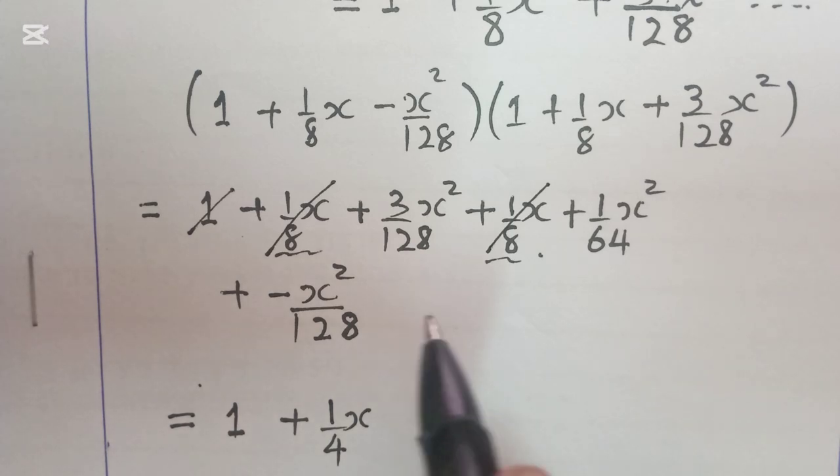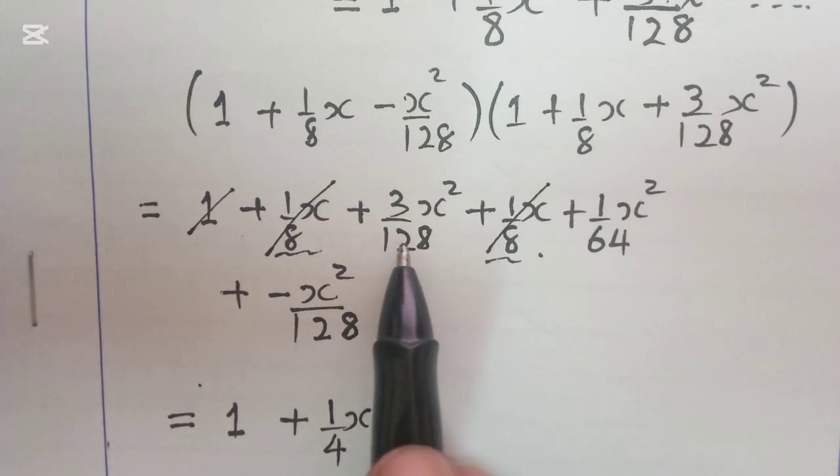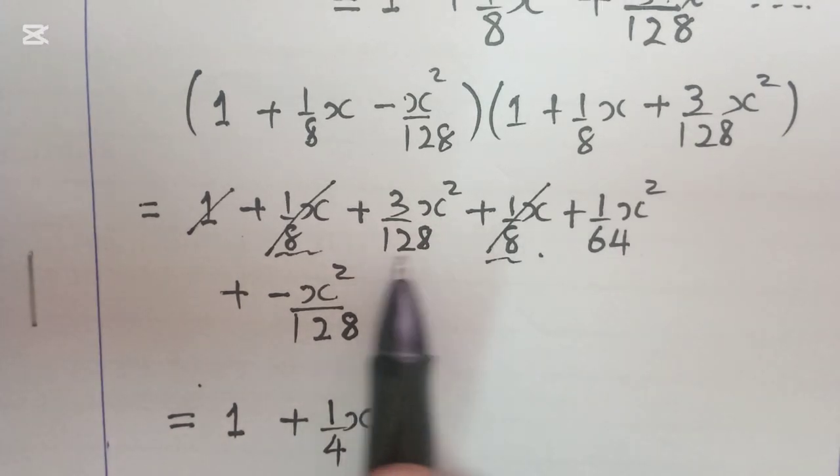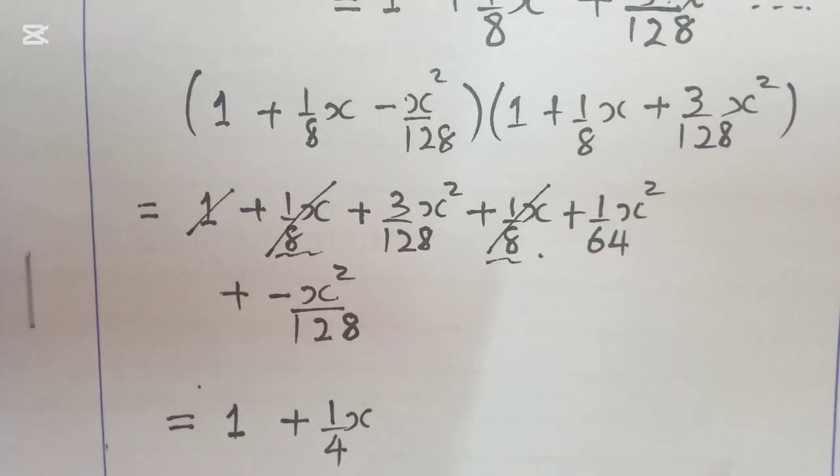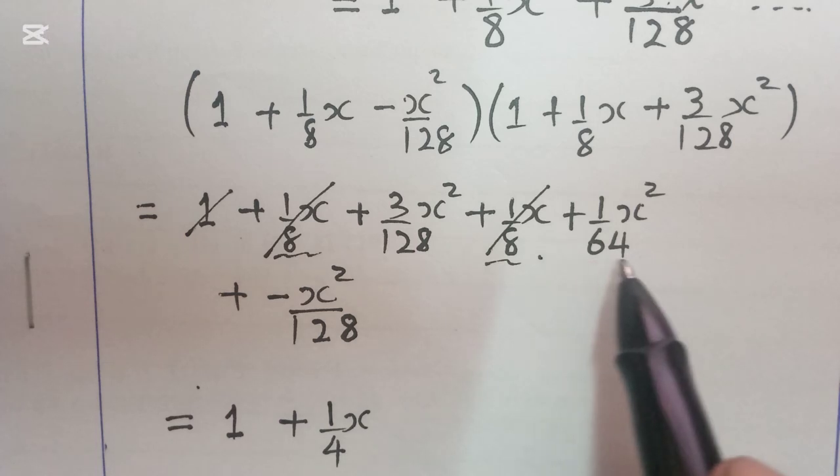Then we continue. Now we are dealing with the terms having x squared. So guys, to do it faster, we can put all of them under 128.